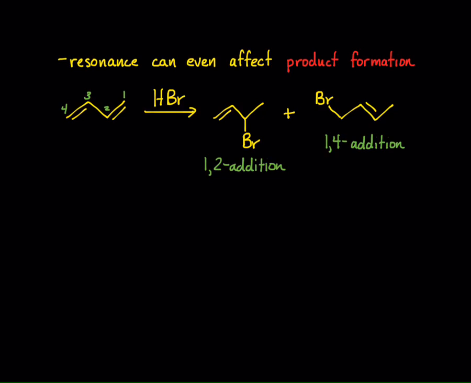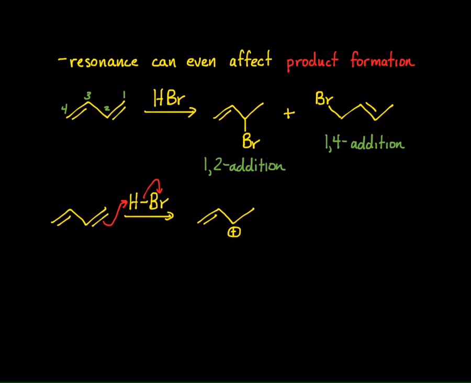In order to understand that, again, we have to think about the mechanism of the reaction and the carbocation that is formed in the process. So let's think about that. Here we have 1,3-butadiene reacting with HBr. The pi bond attacks the sigma star of HBr, and I'm going to form a carbocation.